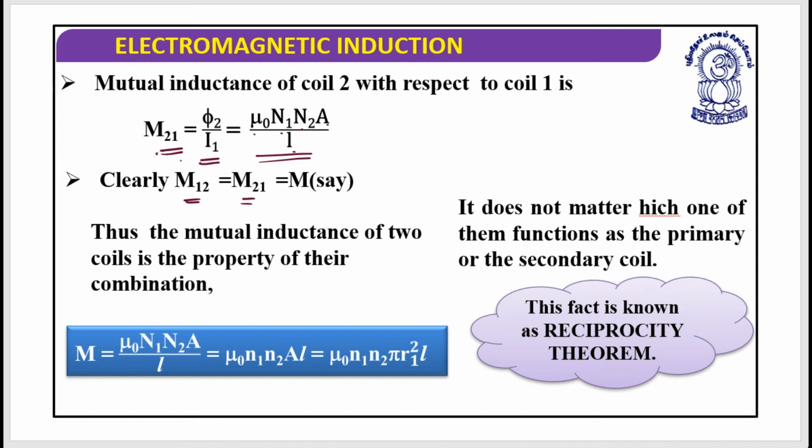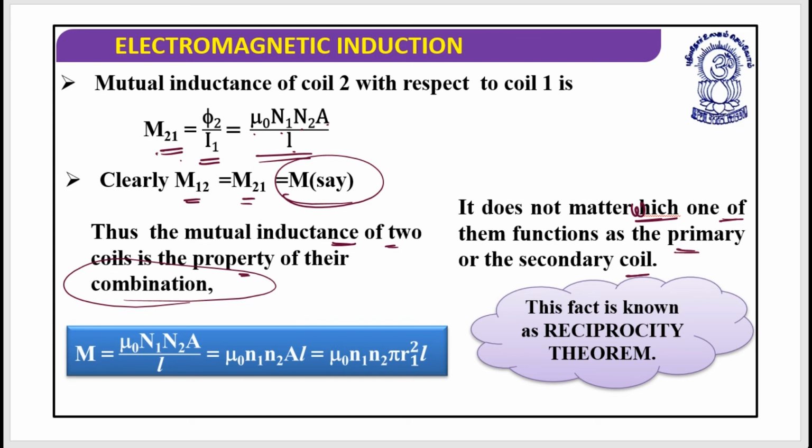That means there is no need to write M12 or M21; we can call it M, the mutual inductance. Thus the mutual inductance of two coils is the property of the combination, not an individual one. It does not matter which one of them functions as the primary or secondary. So this is not a certain kind of primary coil or secondary coil.